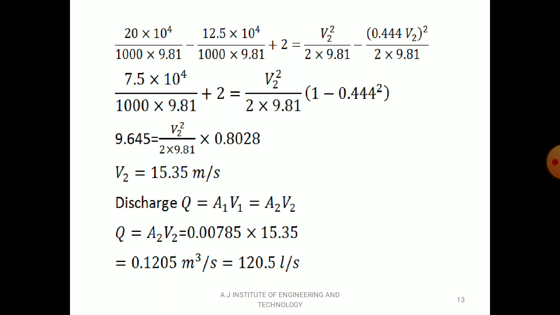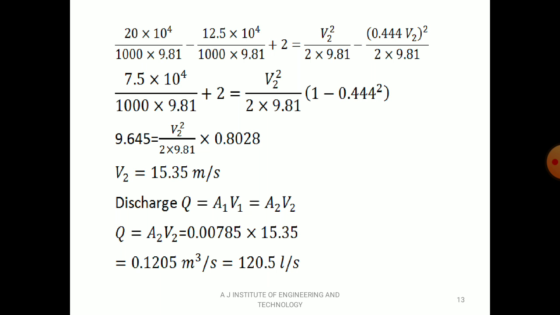But V1 is 0.444 V2, so V2 square divided by 2 into 9.81 minus (0.444 V2) whole square divided by 2 into 9.81. 20 minus 12.5 gives 7.5 into 10 to the power 4. The denominator is common, so I can take the LCM: 7.5 into 10 to the power 4 divided by 1000 into 9.81. Otherwise you can simplify each term and write the answer, plus 2.